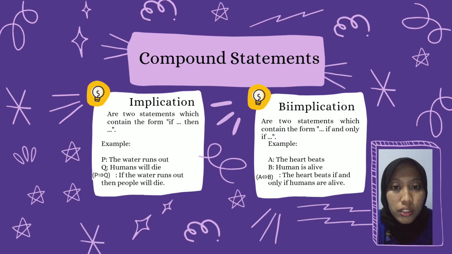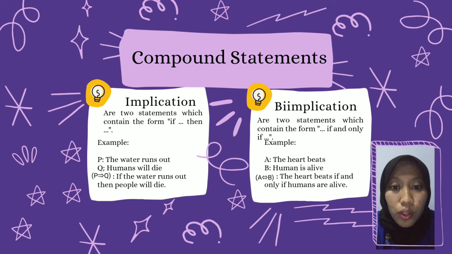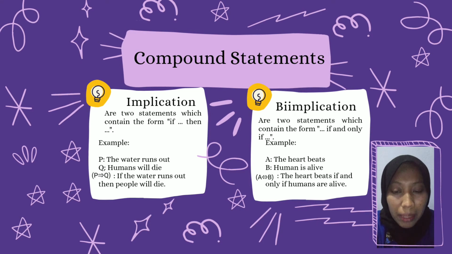The fourth compound statement is implication. Two statements which contain the form if blah blah blah then blah blah blah. For example, statement P, the water runs out. Statement Q, humans will die. So, P implies Q is if the water runs out, then people will die.